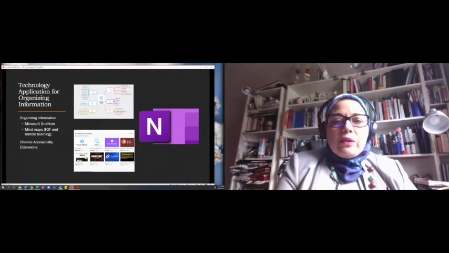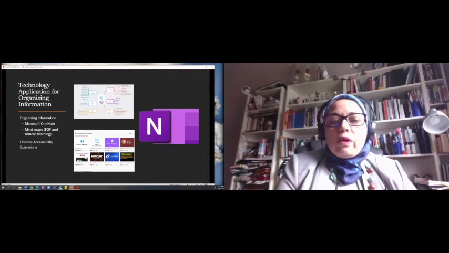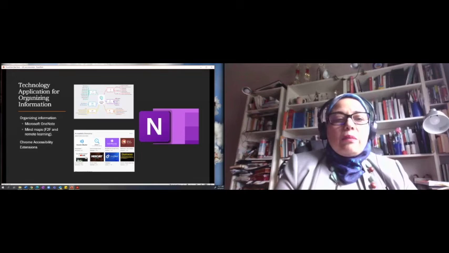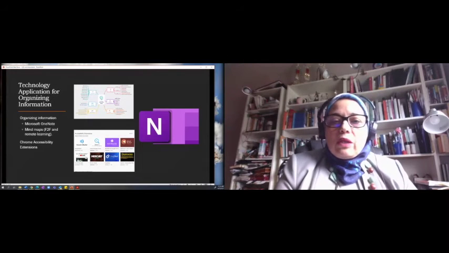Technology gives many opportunities to customize education to meet individual needs, whether we teach face-to-face or online. Some of the tech tools I found helpful is Microsoft OneNote. It is a note-taking application. Think of it as a digital version of a physical notebook. It has tabs, you can create pages.